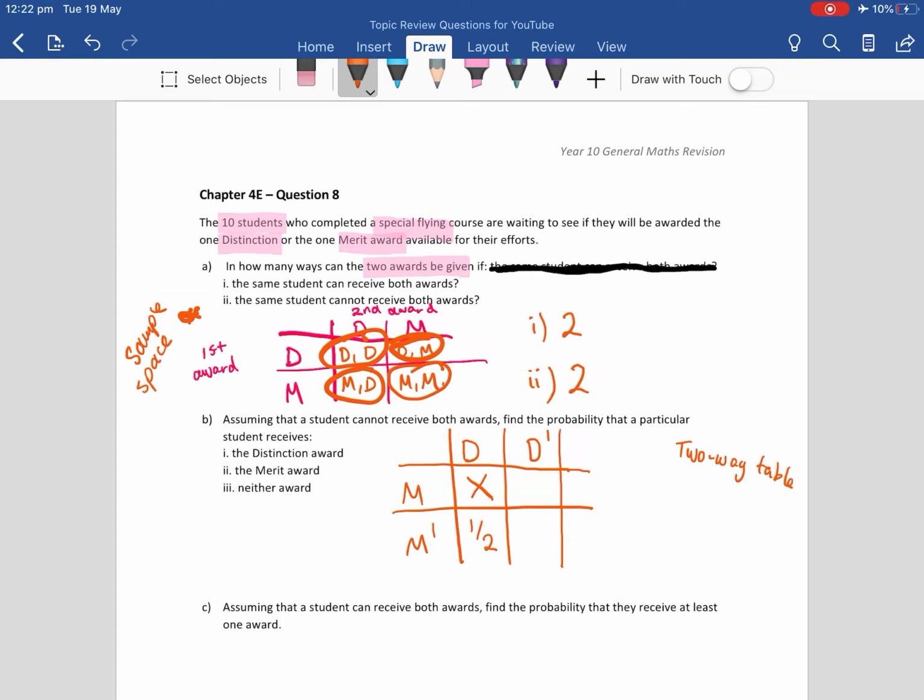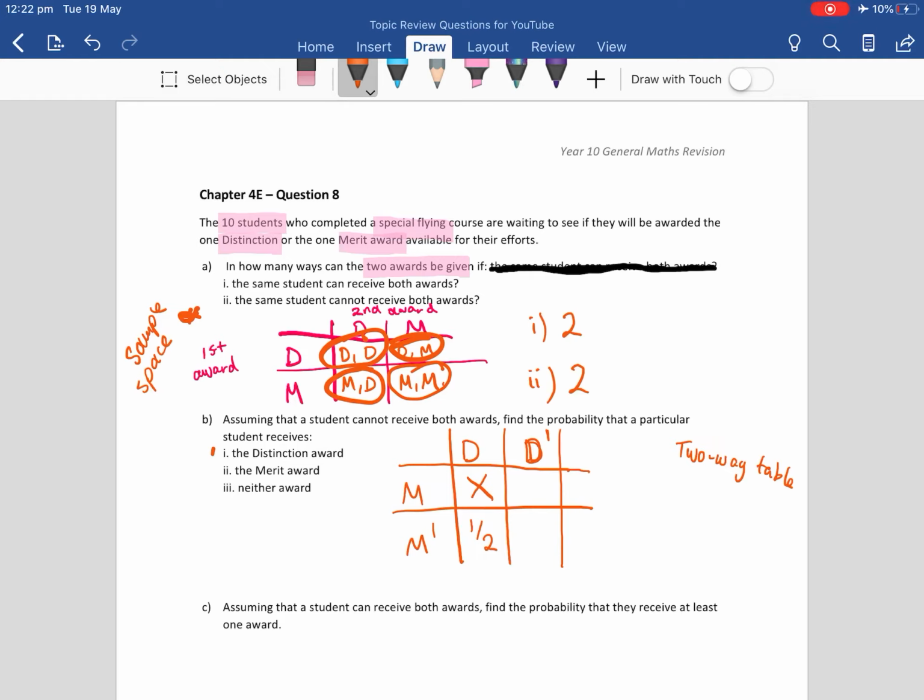And we're doing I for the distinction award. And what's the probability of them getting nothing? Cannot receive both awards, so there is a probability there. Over here, distinction, not distinction, but you get a merit.